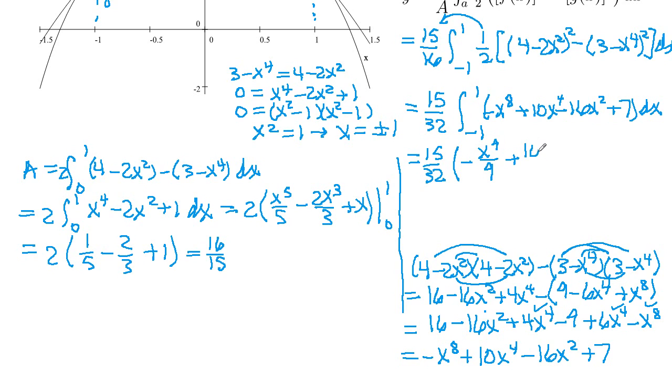So this would be 10x to the 5th over 5. 5 will cancel into the 10 twice, so a 2x to the 5th minus 16x cubed over 3 and then plus 7x. And we're evaluating from -1 to 1. So we've got a 15/32.